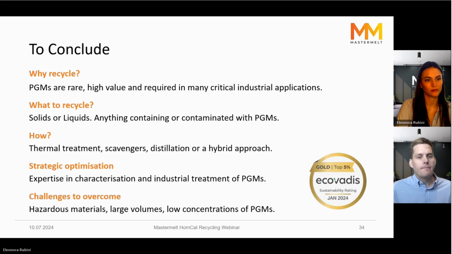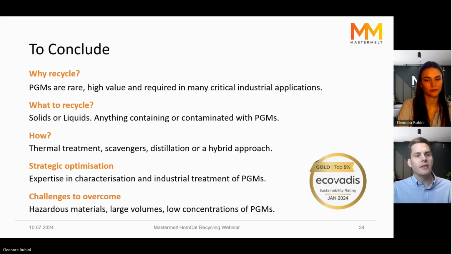And what are the strategies and what we look at to optimization? So the most important thing is a detailed characterization of the material to understand the composition, which then leads us on to offering a tailored approach and how we would use any of these three different technologies. And we've discussed the challenges. We know that it's challenging to look at recovery, and sometimes customers and companies overlook this. They understand that there's a low concentration, high volume of solvent, and maybe would look to have this sent for waste disposal because it's a lot of effort.